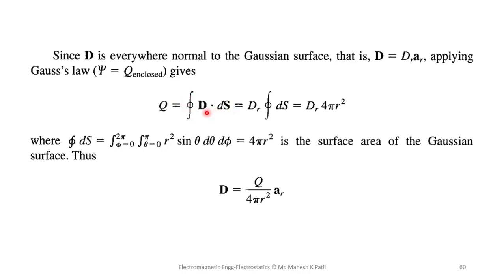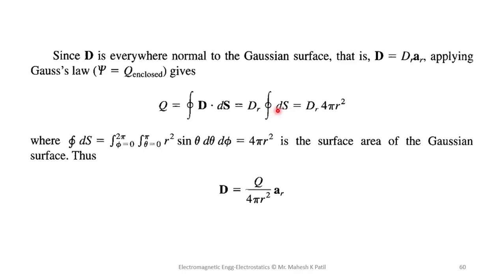Now we can simplify the right hand side, this closed loop integration D bar dot dS bar. D is in the r direction, so we write it outside of the integration. What remains inside the integration? dS. So Dr closed loop integration dS.